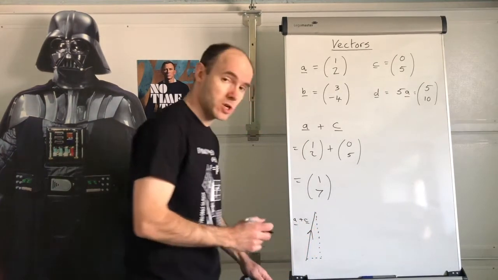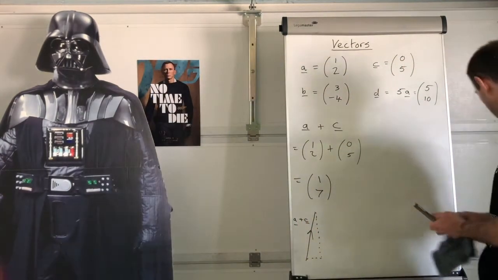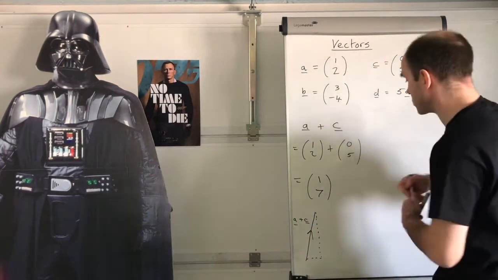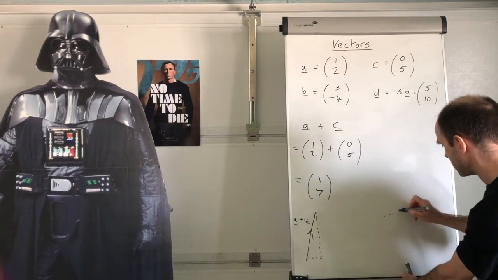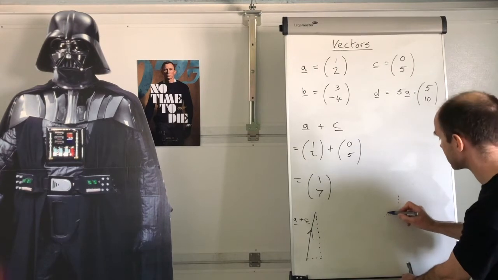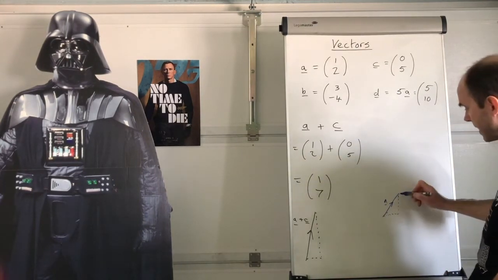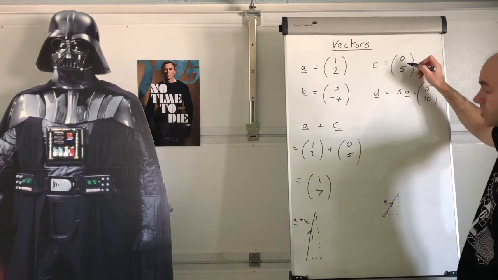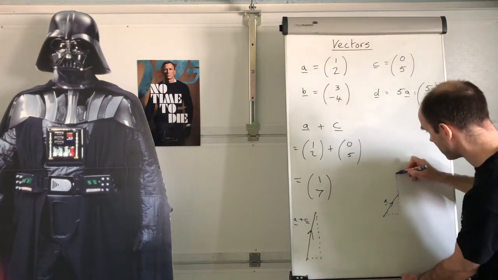Alternatively, I could do the diagrammatic approach, which is start with 1, 2. So 1, 2 is this 1, 2. That is vector A, like that. And then at the end of that, put in vector C, which is 0, 5. So starting from here, 0, 5 is this.